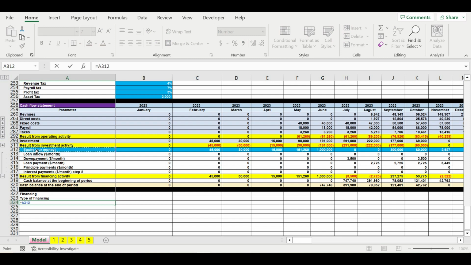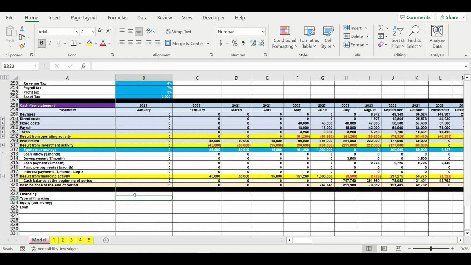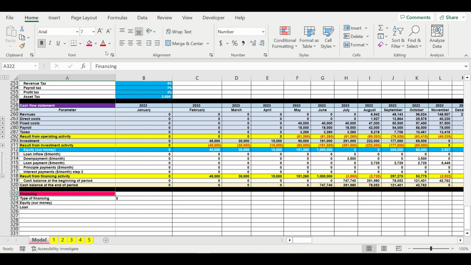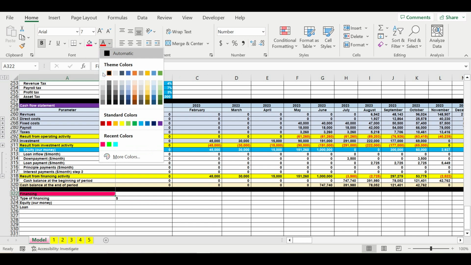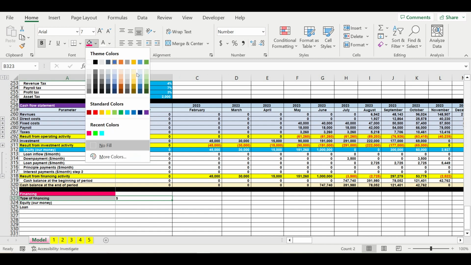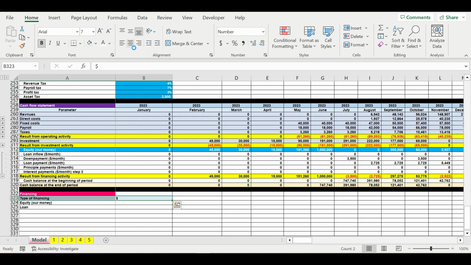This will be equity, loan, here we have totals, total financing needed.